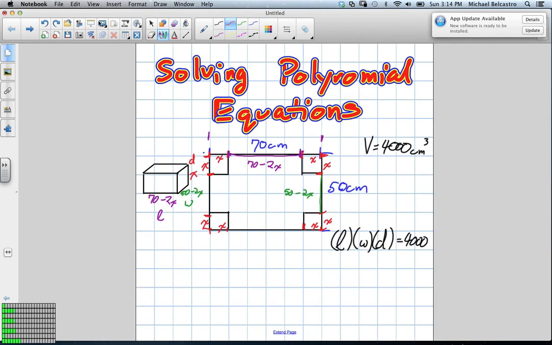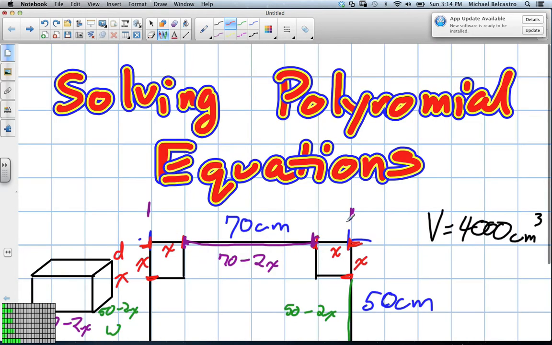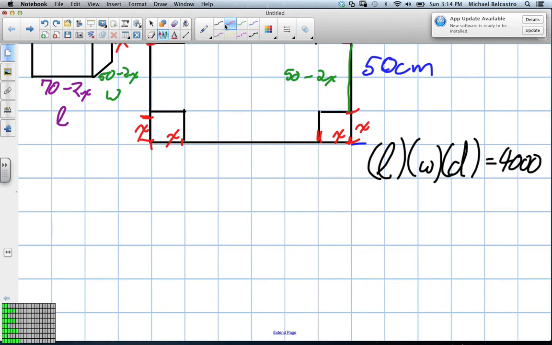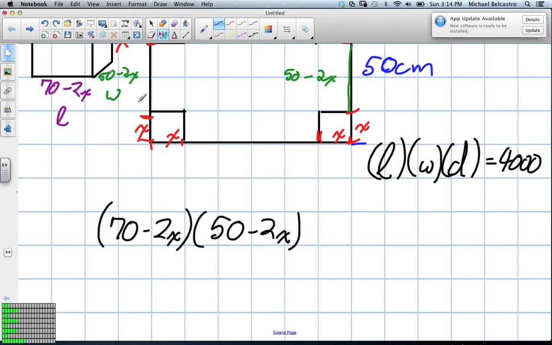So let's put this equation together. So our length, we said, was 70 minus 2x, multiplied by the width being 50 minus 2x, and the depth being x itself is equal to 4,000.